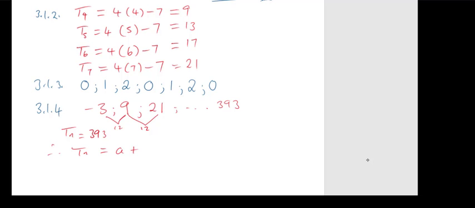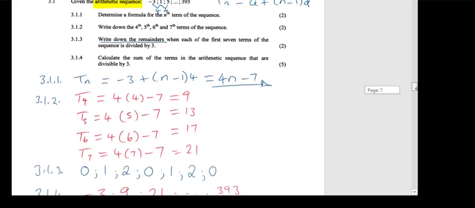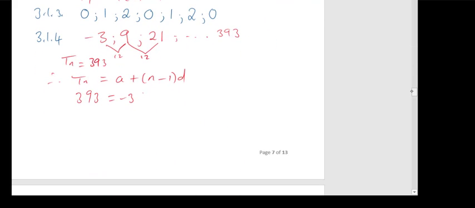Let's see, a plus into n minus 1 into d. Now the nth term, which is 393. First term minus 3. Remember, awusathathi lela paphezulu iphethini manje, because it's finally which are divisible by 3. Now plus n awumazi for those terms that are divisible by 3, and you know the difference here is 12.